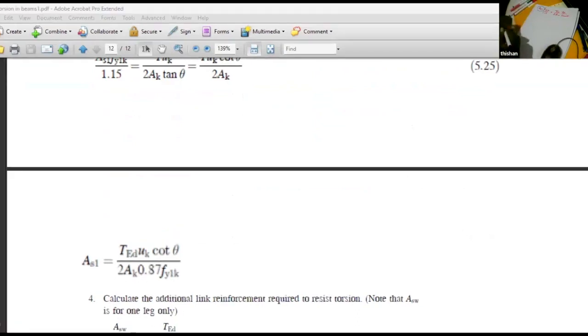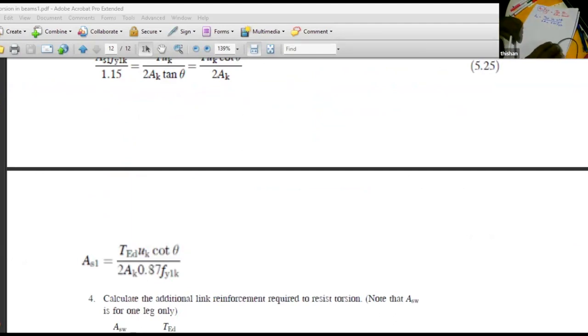So the equation is Asl is equal to T Ed Uk cot theta divided by 2Ak times 0.87 times fyl.